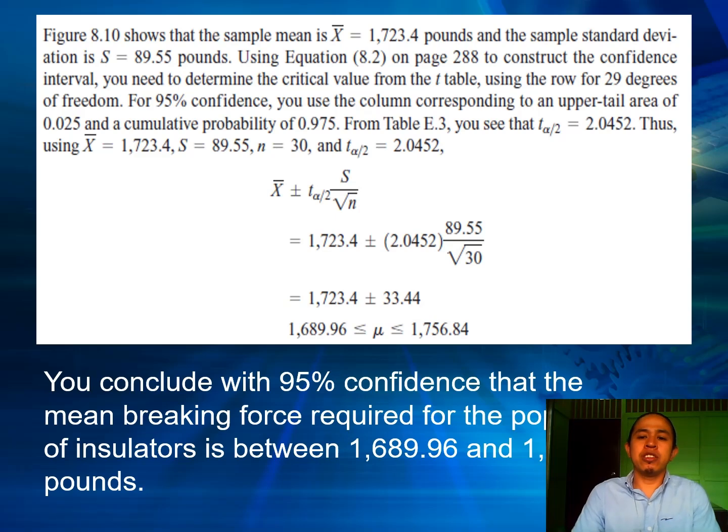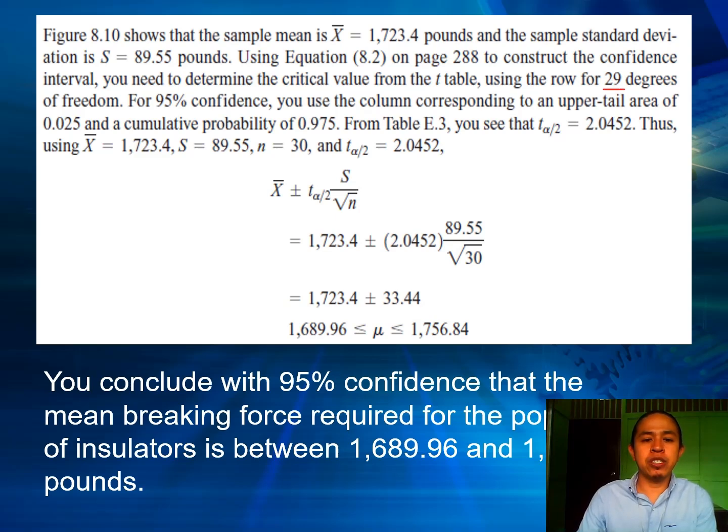Okay, so to construct the confidence interval, you need to determine the critical value from the t-table using 29 degrees of freedom. 29 because our number of samples is 30, and degrees of freedom is n minus 1. So 30 minus 1, we will be using 29.